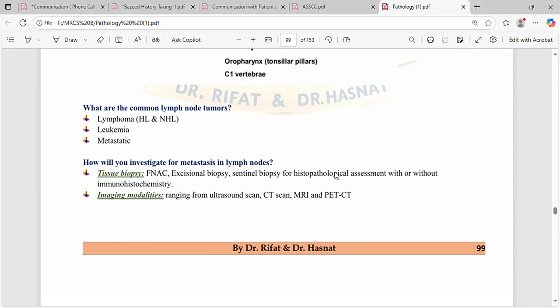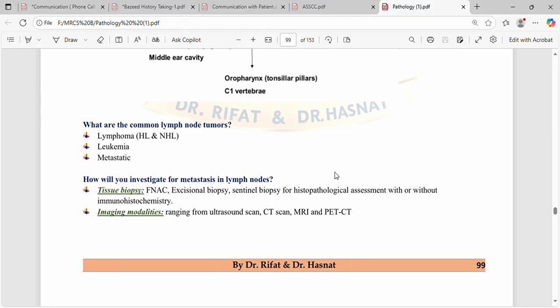Okay, so we can quickly discuss something else as well: immunohistochemistry. How does immunohistochemistry work? It is through complement fixation. We have different types of immune responses: type 1, type 2, type 3, and type 4. You will remember from your medical school.